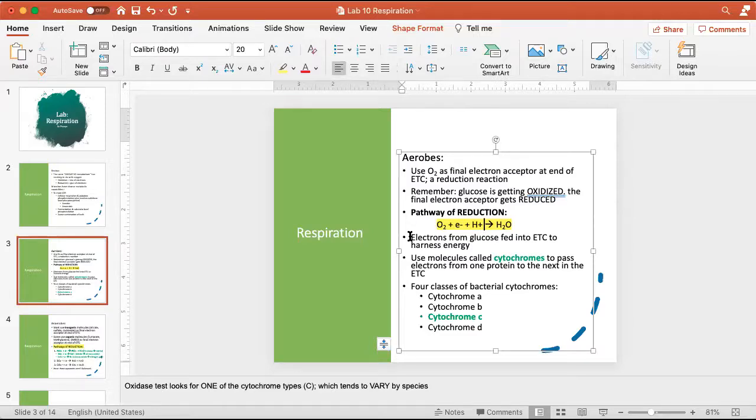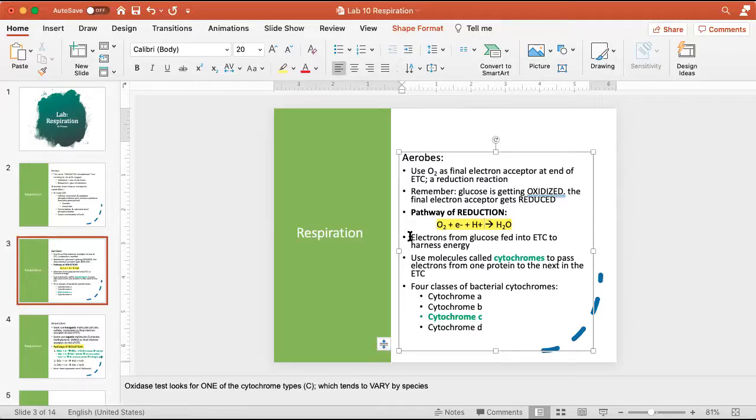In lecture, we talked about this molecule called ubiquinone. And we also talked about this type of molecule called a cytochrome. Lots of microbes have these cytochromes in their membrane, and these are molecules whose job it is to help pass electrons from one protein to the next in the electron transport chain.